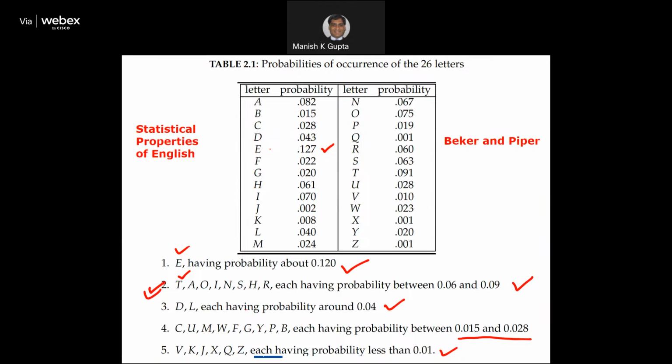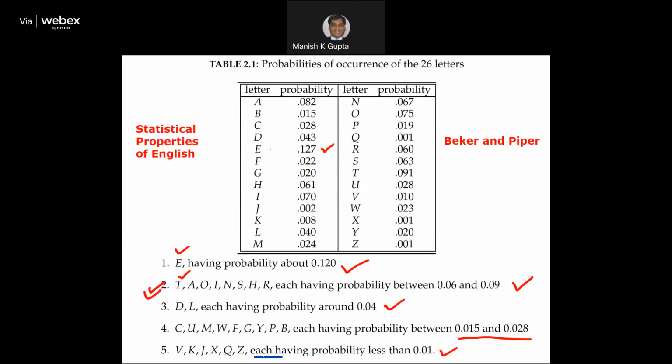So this is the first group having only one letter E, the probability 0.120. Second group TAOINSHR, each having probability between this range, right? D and L each having probability around 0.04, and CUMWFGYPB each having probability between 0.015 and 0.028. So they are less occurring.